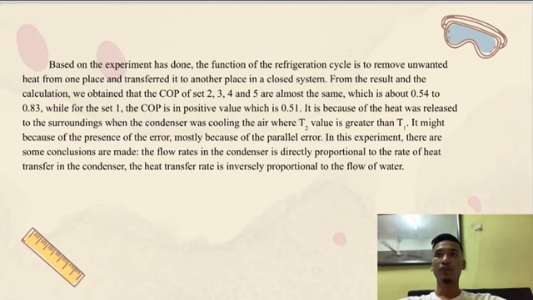It is because heat was released to the surroundings when the condenser was cooling the air, where the T2 value is greater than T1.